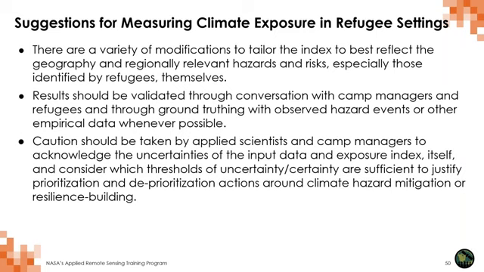There's a variety of decision-making points, as we've outlined throughout the process, which could create greater uncertainty or certainty. And we need to make sure that when we actually make decisions around prioritization or deprioritization.